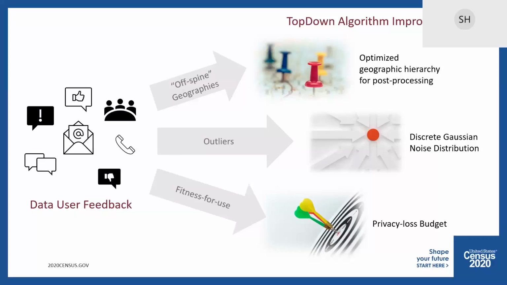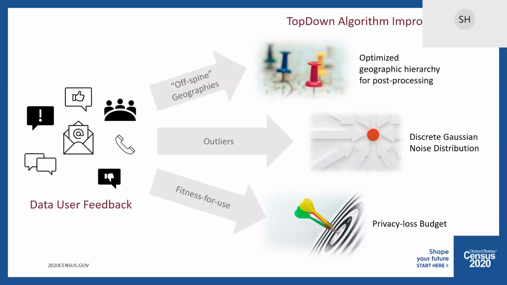And what this does is it essentially changes how the algorithm is processing down from the nation down to the block level, so that it's getting closer to those off-spine geographies that people are really interested in. So we essentially brought them closer to the spine.